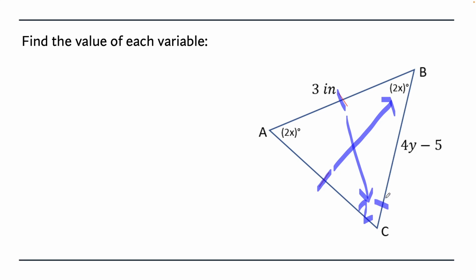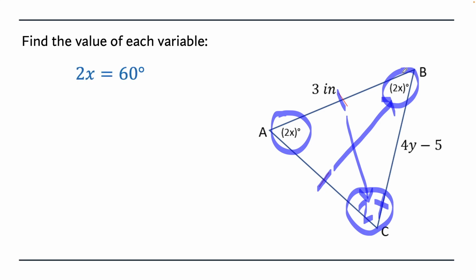And now what do you see we have? All the angles are the same. See that? Look, they're all 2x. If all the angles are the same, it's an equiangular and equilateral triangle, which means all the angles are 60 degrees. So that means 2x equals 60. That means x equals 30.